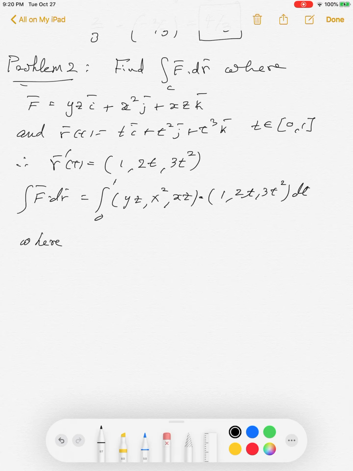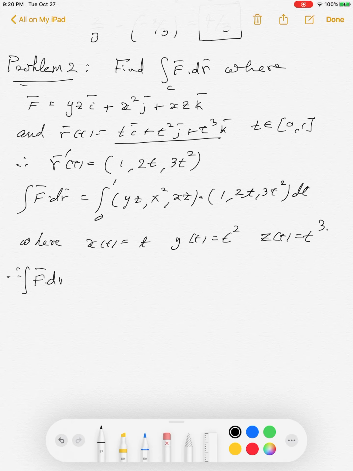And all you have to do now is note that x of t is t, y of t is t square, and z of t is t cube.